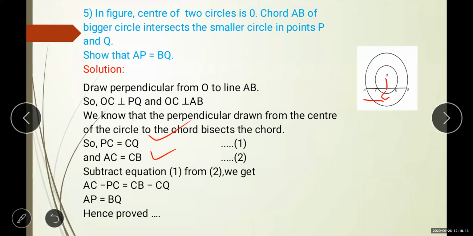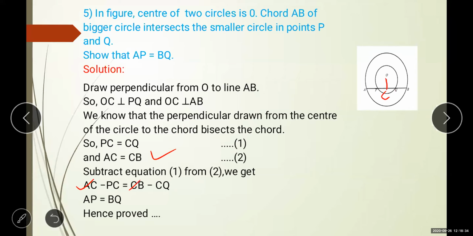So what we have to do is the subtraction. Subtract equation 1 from 2. So write down 2 first. So 1 from 2: AC minus PC is equal to CB minus CQ. Left hand side, right hand side.